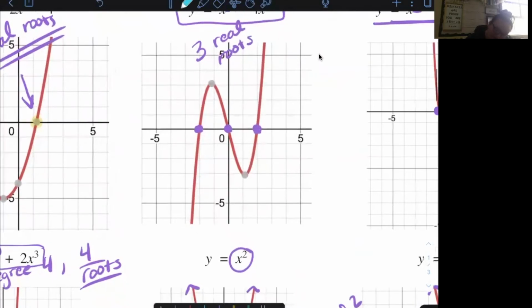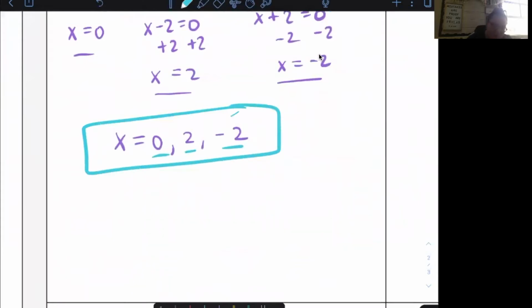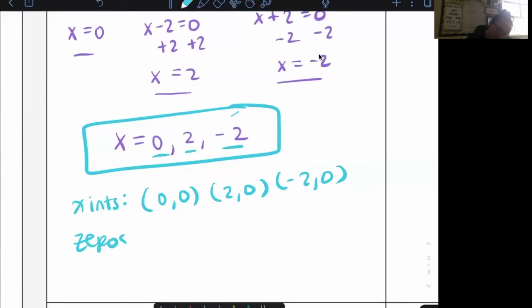Well, I see an x-intercept at x equals 0, x equals 2, and x equals negative 2. So we must have done something right. Normally I would make you write them as x-intercepts, where you would tell me (0, 0), (2, 0), and (-2, 0). And then your zeros are x equals 0, 2, and negative 2.